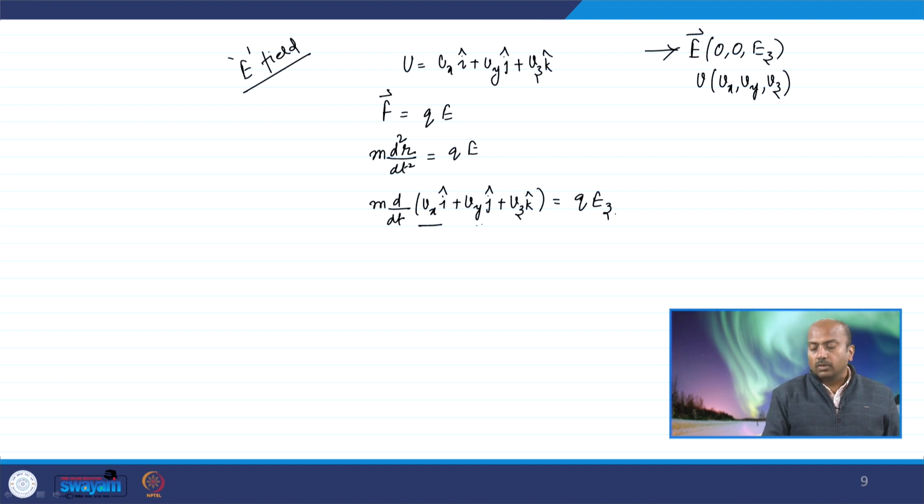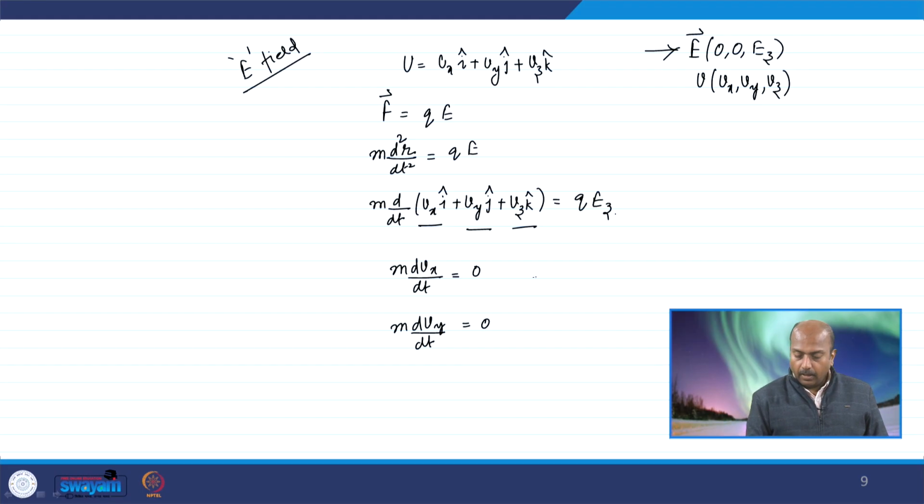Matching the components on the left hand side and right hand side, you can write m dvx/dt = 0, m dvy/dt = 0, and m dvz/dt = Q times Ez.